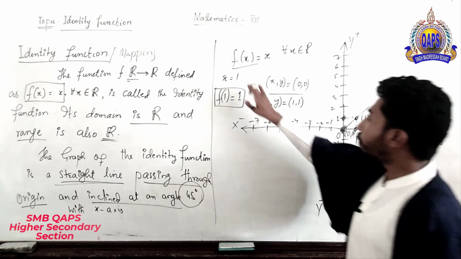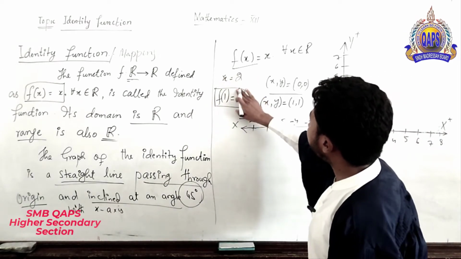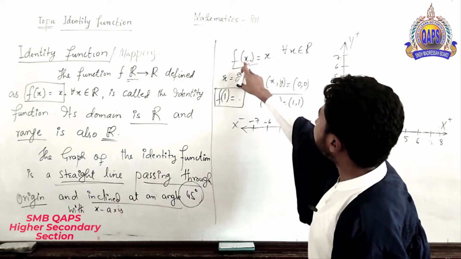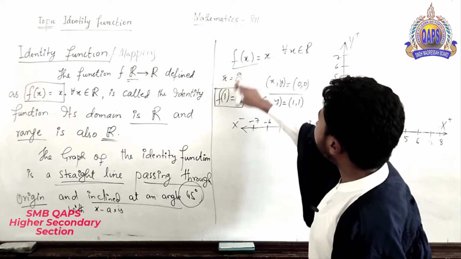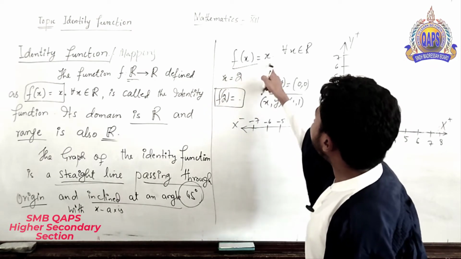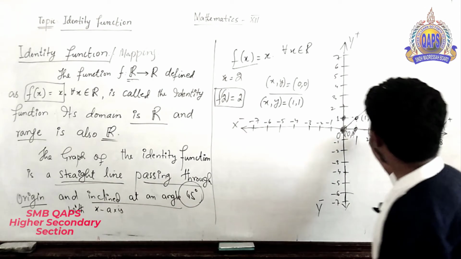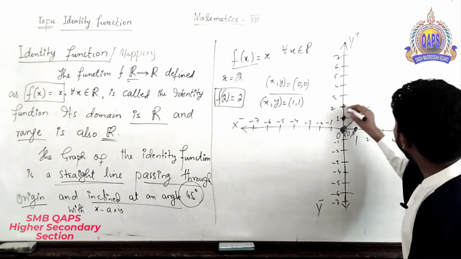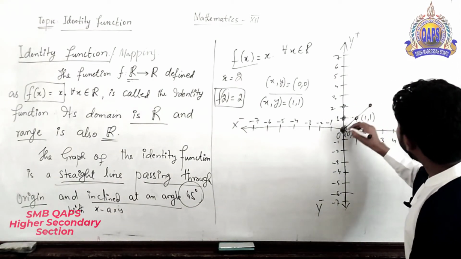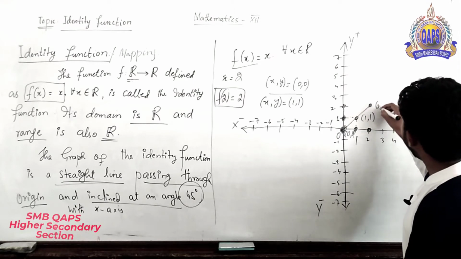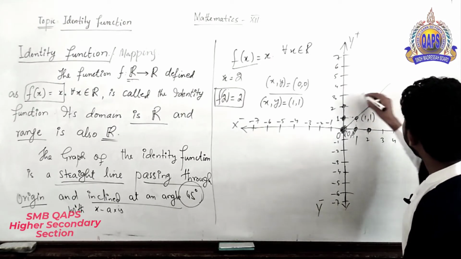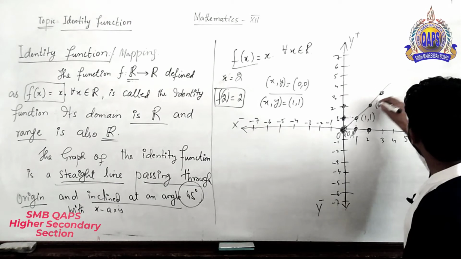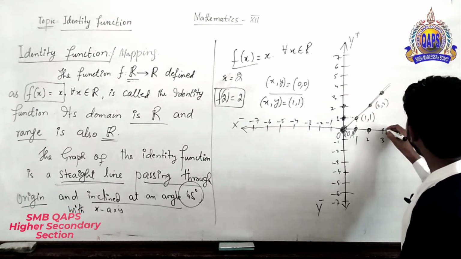Now if we put 2 here, then what will be the outcome? If the value of x is equal to 2, then here is 2 and here is also 2. So this 2 and this 2 represent the point 2 comma 2, and this number represents 3 comma 3.